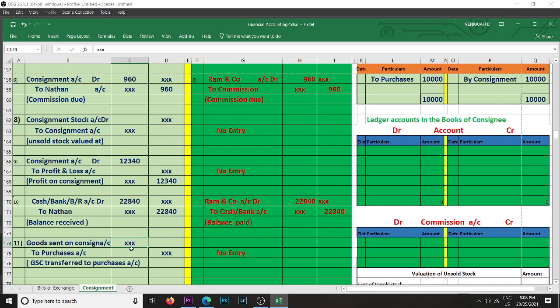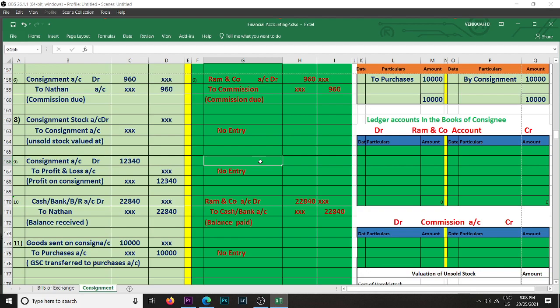Now we are going to do ledger accounts in the books of consignee. In the consignee books, we have to prepare the consignor account, that is Ram and Co account, and commission account. So we will follow the green area. Okay.